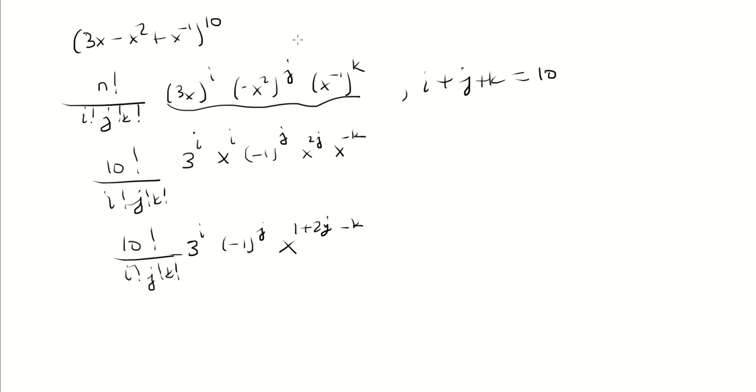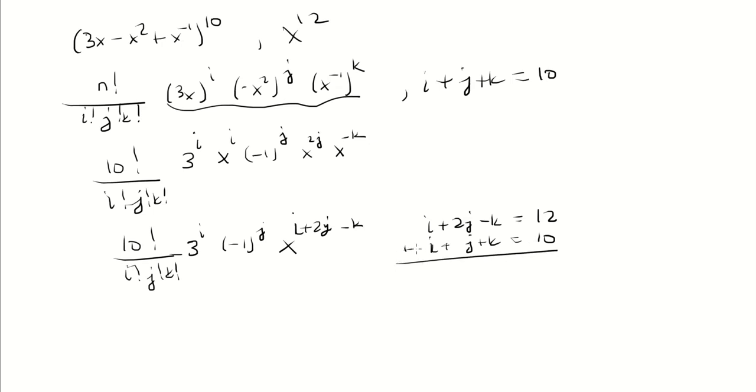And so we want to find the coefficient of x to the 12th. So i plus 2j minus k has to equal 12. And we know that i plus j plus k has to equal 10.